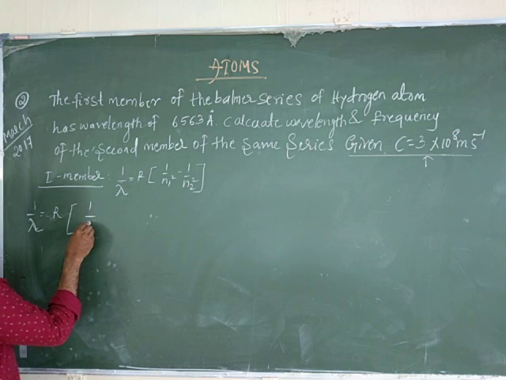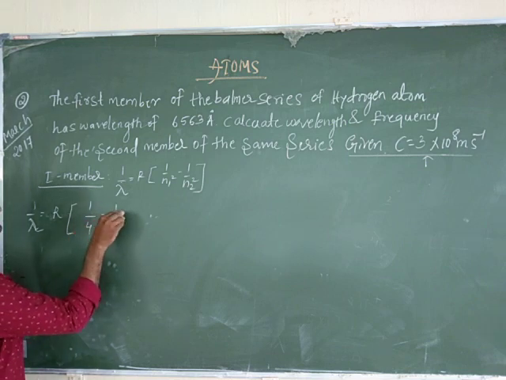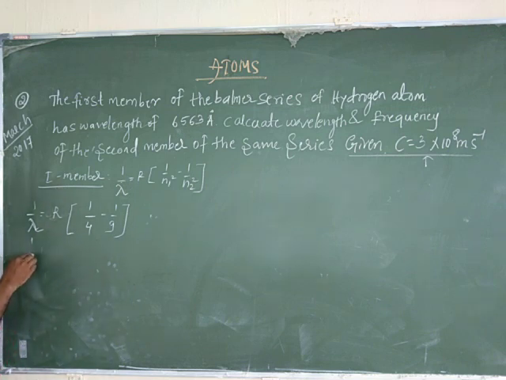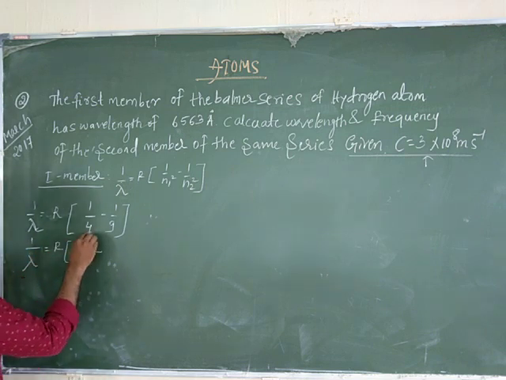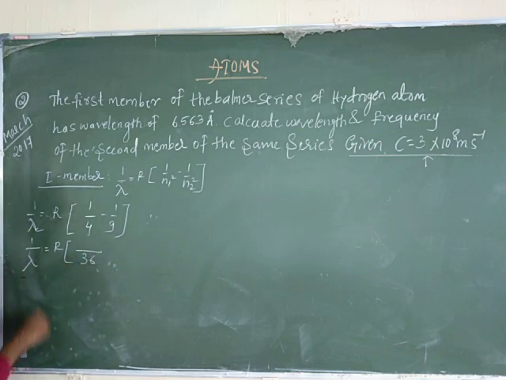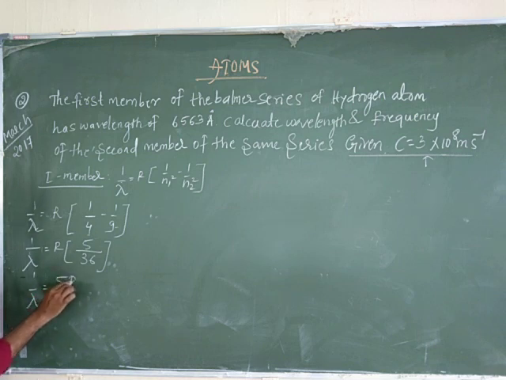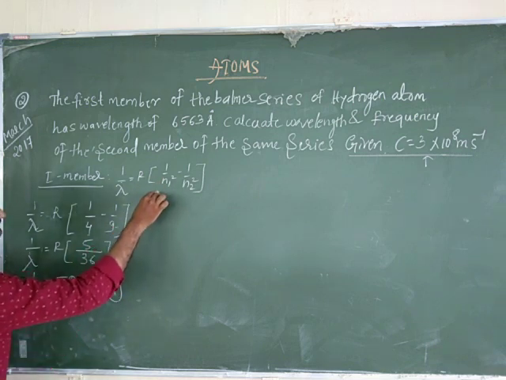So this is equal to 1 divided by 4 minus 1 divided by 9. Solve this by taking the LCM, and we will get 5 by 36. Therefore, 1 divided by lambda is equal to 5R divided by 36. Call this equation 1.